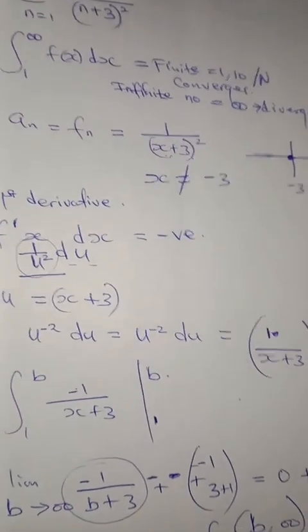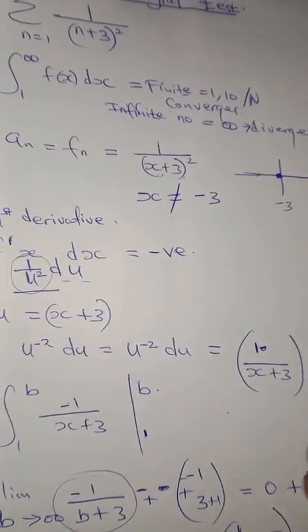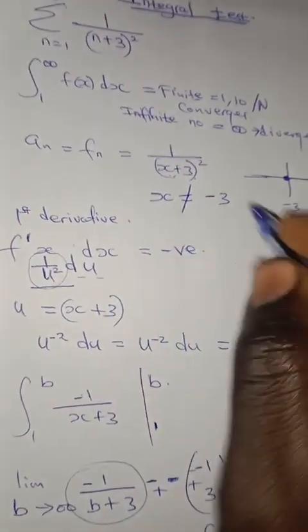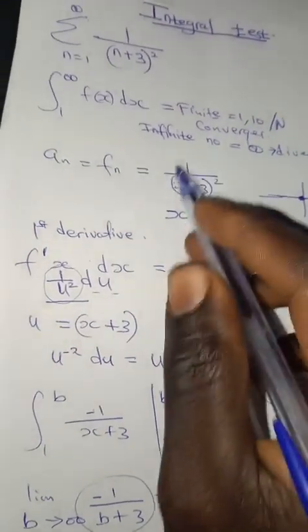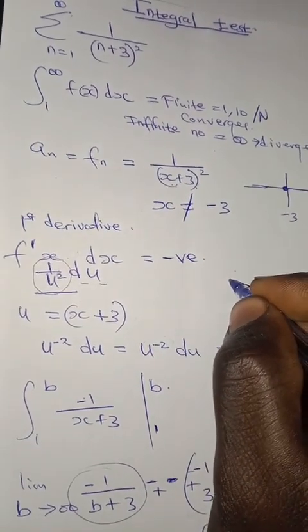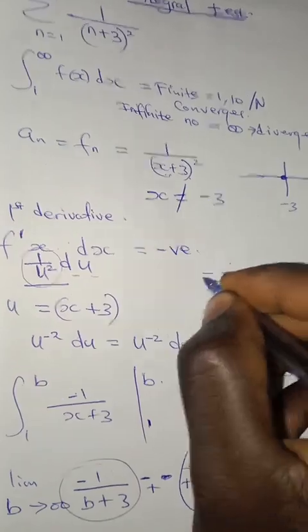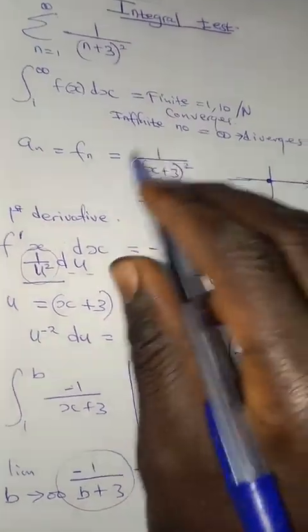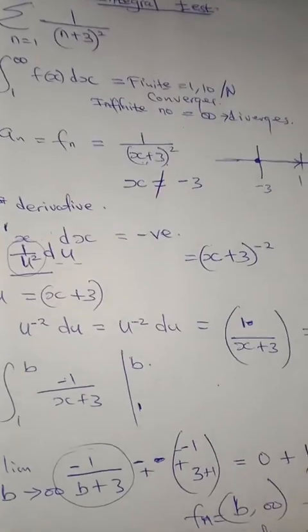Just for clarity on finding the derivative of this function: the function transforms to (x plus 3) to the power negative 2 because of that numerator.